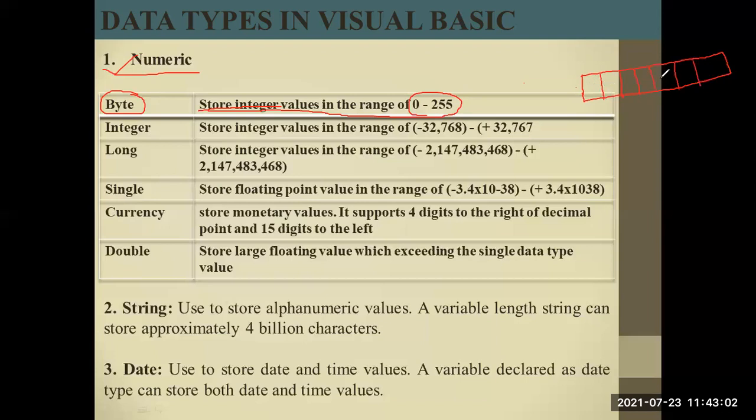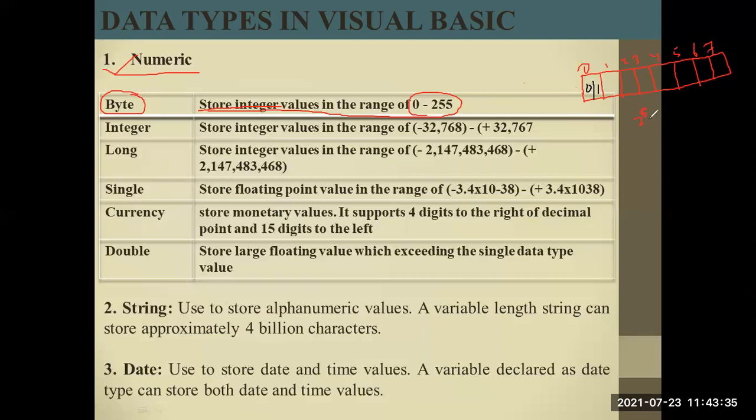Now we know that if it is 8 bits, the range that can be supported is 2 to the power of 8, because each of these bits can take either the value 0 or 1.